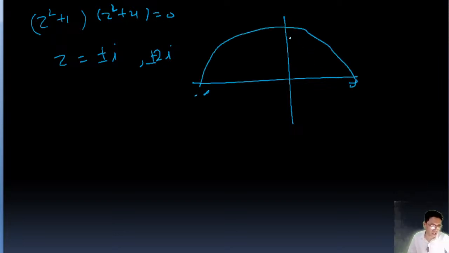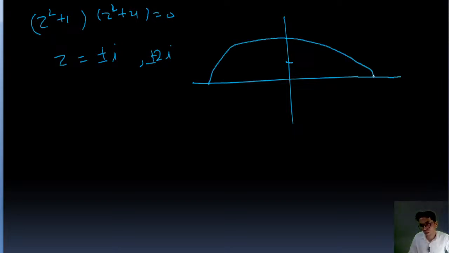We can see i and 2i both lie within the semicircular contour, and minus iota and minus 2 iota don't lie. So we'll consider those that lie inside the contour.